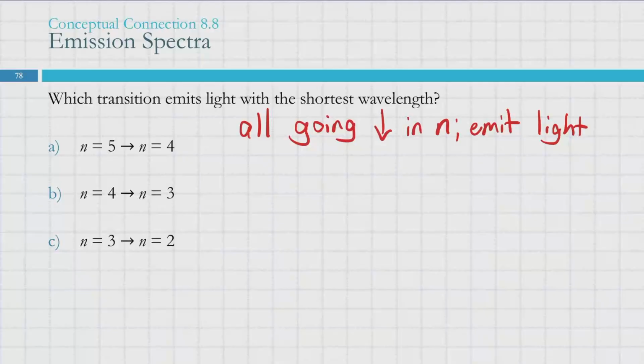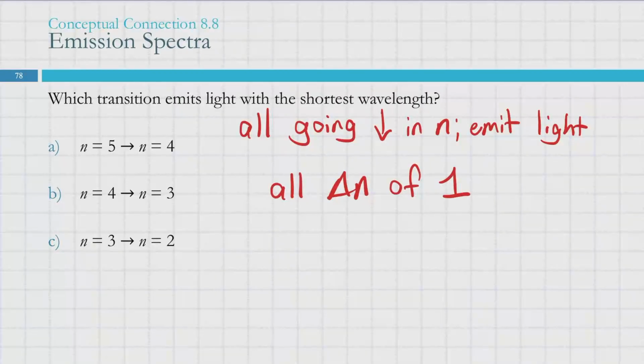What else do we notice about the transitions? What's our change in n from 5 to 4? From 4 to 3? 1. From 3 to 2? Also 1. So they all have a delta n, a change in n of 1.